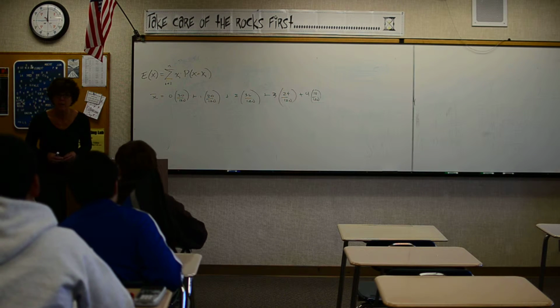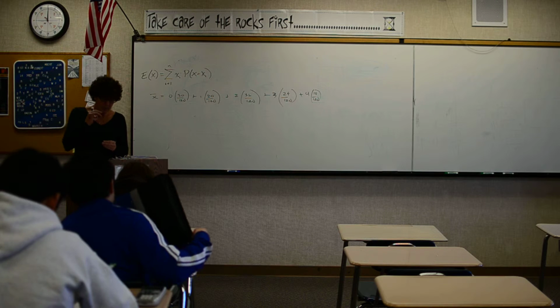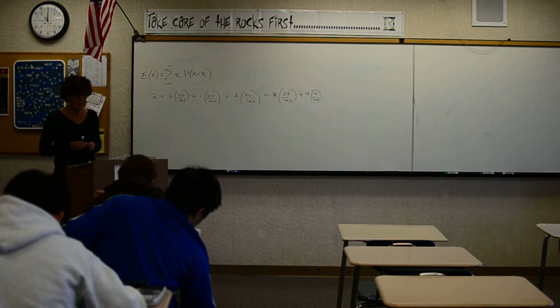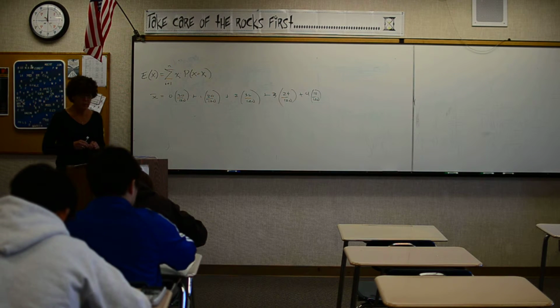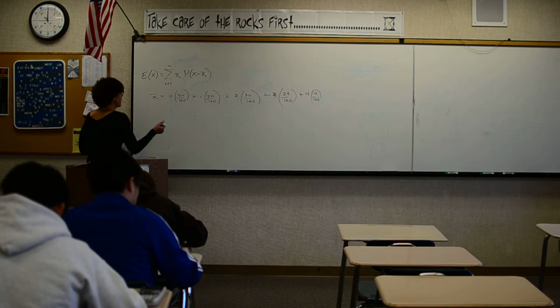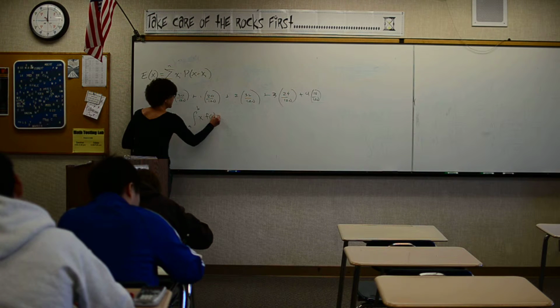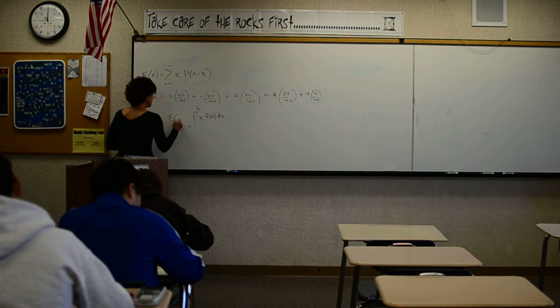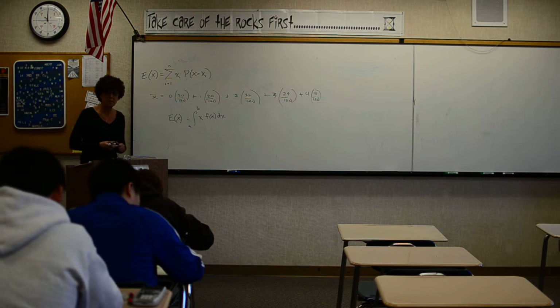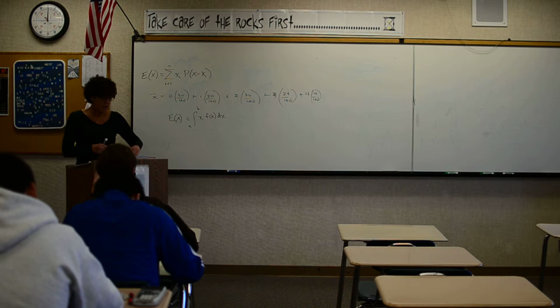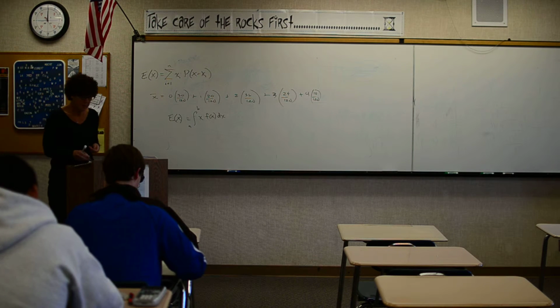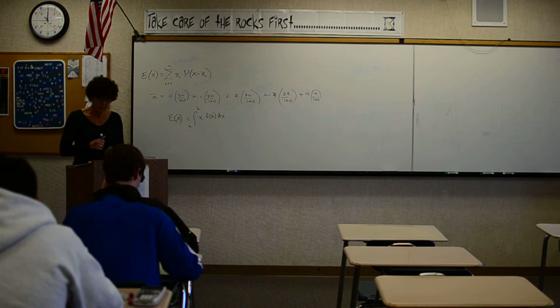Everyone remember how to integrate? The expected value of x on the interval from a to b is the integral from a to b of x times f of x dx. That is the mean. That is the expected value when you have a continuous probability distribution.